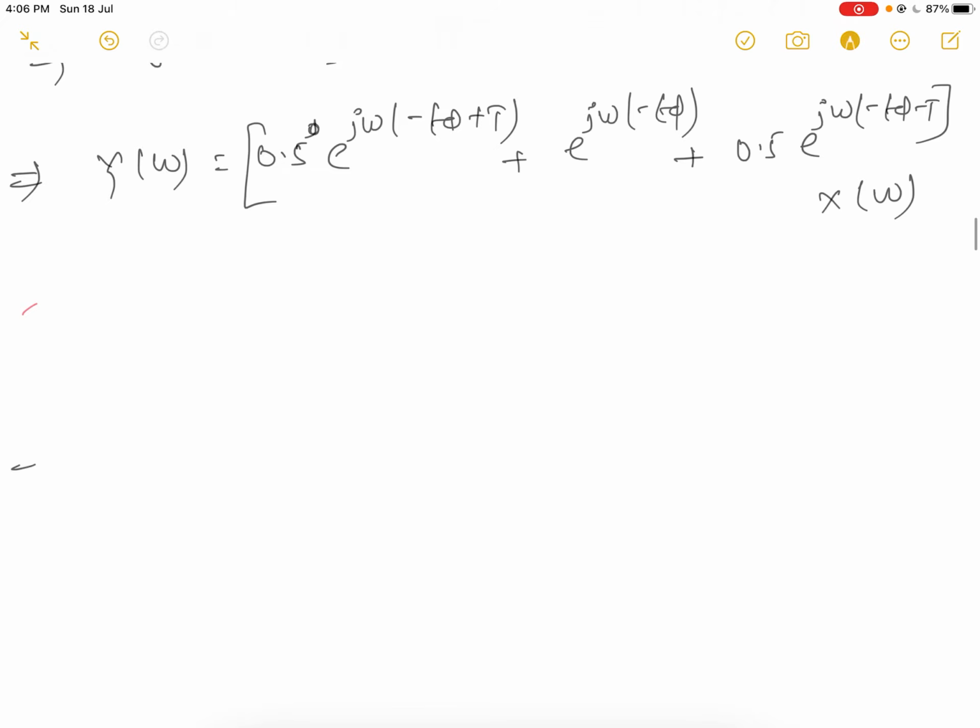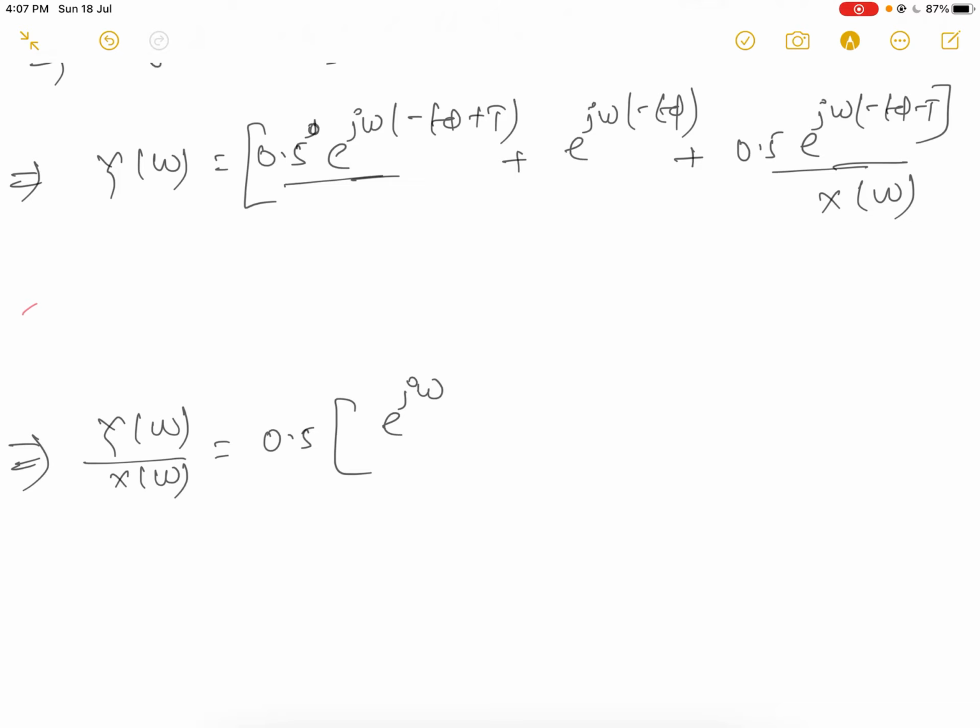Then Y(omega) upon X(omega) is equal to, rearrange it, 0.5 and 0.5 will be common, take 0.5, what will happen, e to power j omega T minus td. Now plus e to power j omega minus T plus td, because I have taken the minus outside, plus e to power minus j omega td.